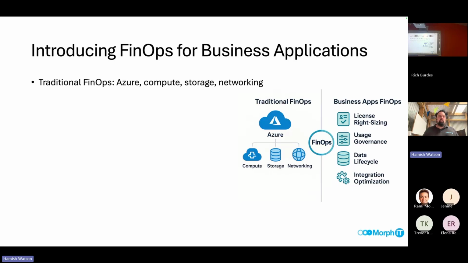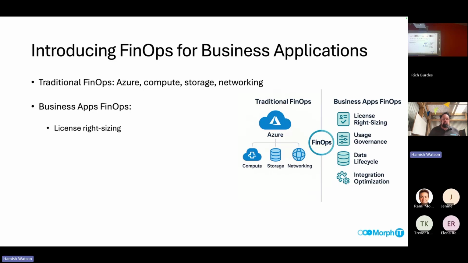Yet very few people actually apply FinOps discipline to them. Applying FinOps to business apps extends the same core principles: we want visibility, we want optimization, and of course, accountability. And this is very true in software as a service and in the data layers of our platform.